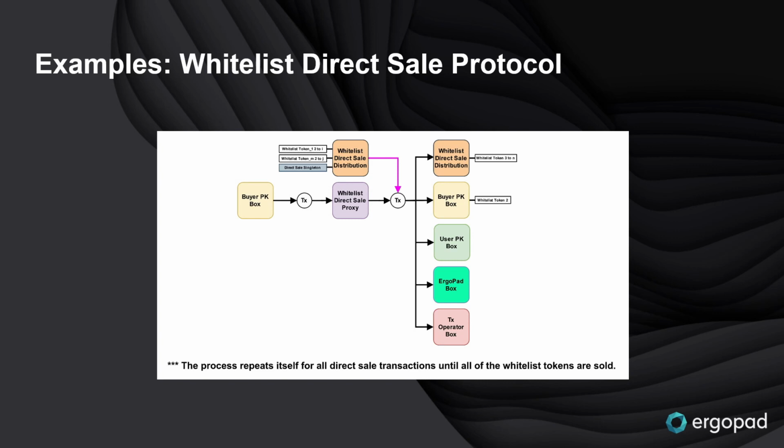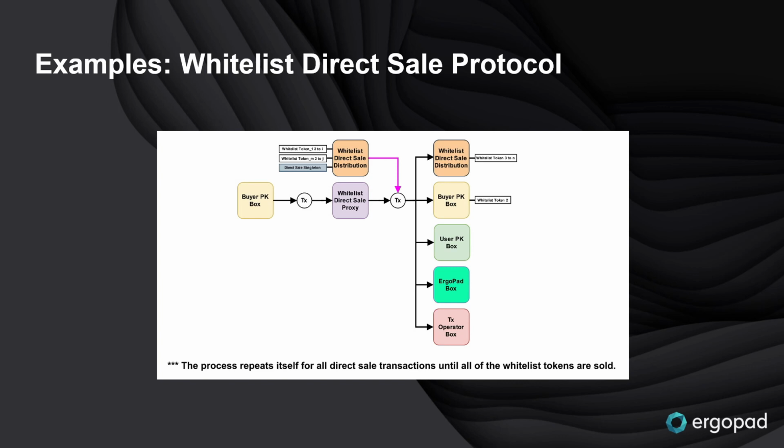Then we use the direct sale distribution box as an input. It's a self-recreated box in this context because we recreated as an output the same contract, but what data has changed, right? We have given a whitelist token to the buyer, and so we reduce the amount of whitelist tokens in the direct sale box by 1.